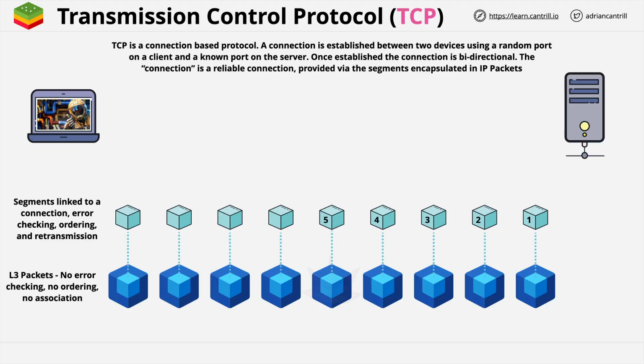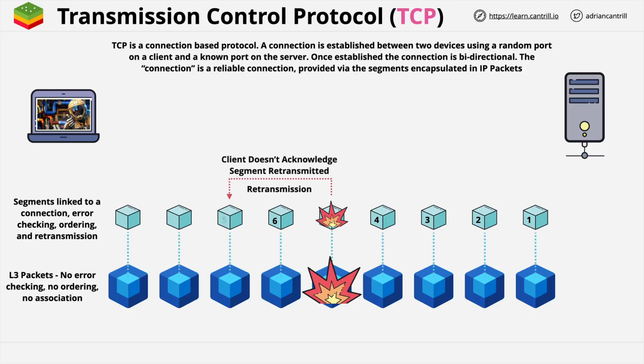If a packet is damaged or lost in transit, that's okay because even though that segment will be lost, it can be retransmitted and segments will just carry on. TCP gives you this guaranteed, reliable, ordered set of segments, and this means that layer 4 can build on this platform of reliable, ordered segments between two devices. It means that you can create a connection between the client and the server.